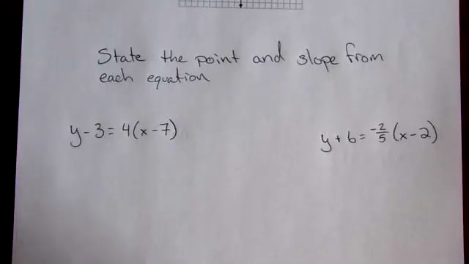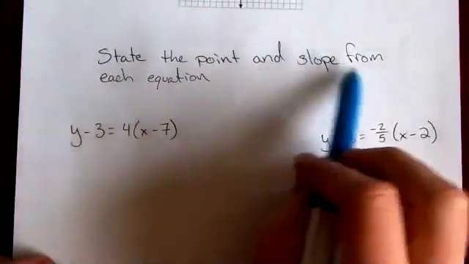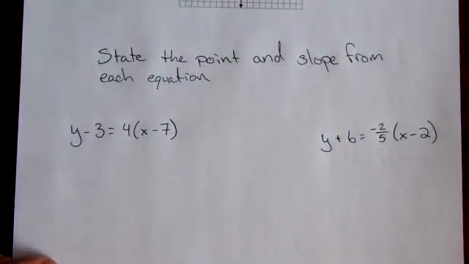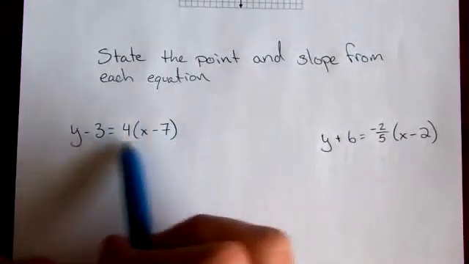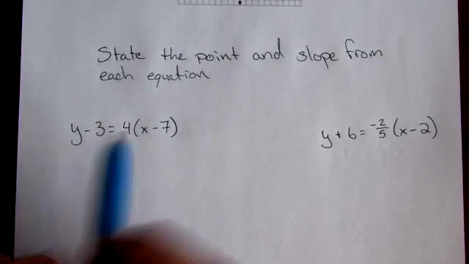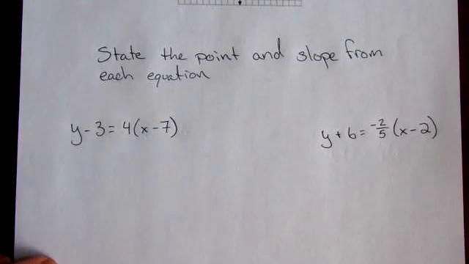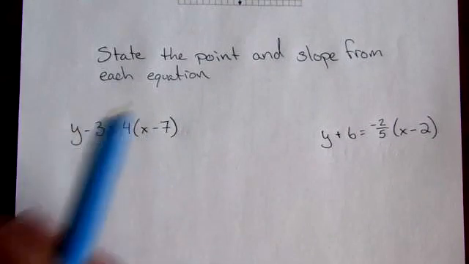All right, so now the other part, what we're going to have to do is state the point and slope from each equation. So I'm given this equation. It's in point slope form. We want to figure out what is the point this line goes through and what is your slope. So you have to recall what is point slope.